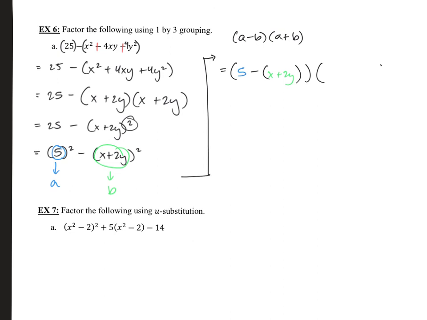Next terms, my a value again, this time plus my b value, which is x plus 2y. Alright, let's go ahead and simplify that on the inside. We have 5 minus x minus 2y, and then 5 plus x plus 2y. Now, will we start multiplying this out? The answer is no. We're trying to factor it, so don't do any multiplying. Okay, there we have it. We're done.